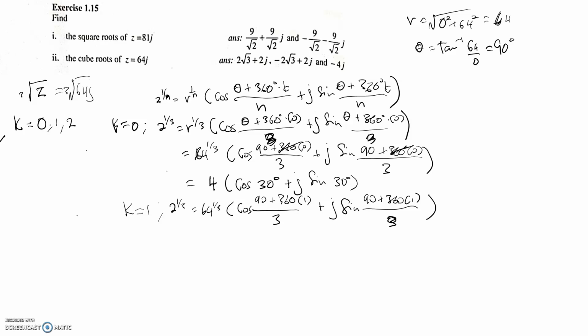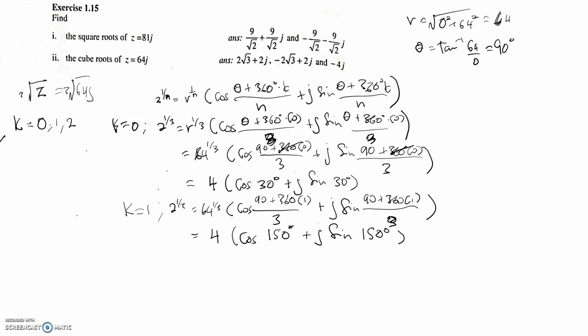Okay, and let's calculate that. So we have 4 cos 150 plus j sine 150. Calculate that, get back the a plus bj, to get the second answer.